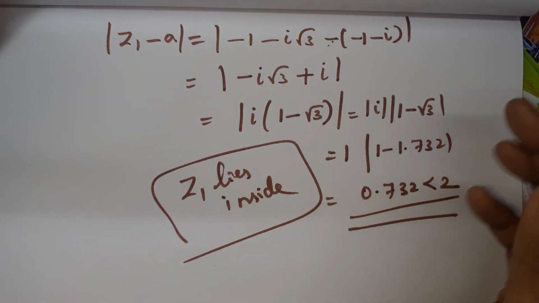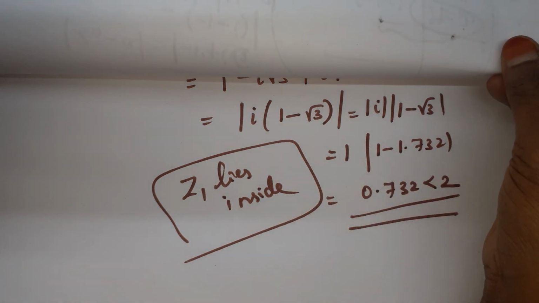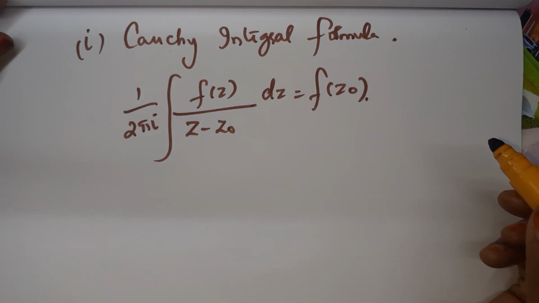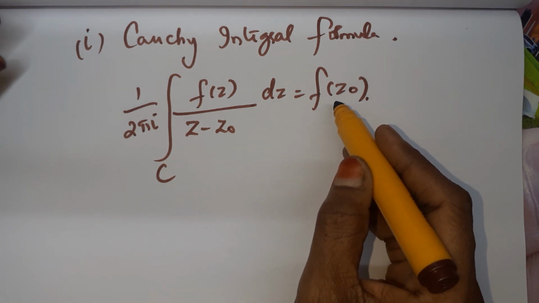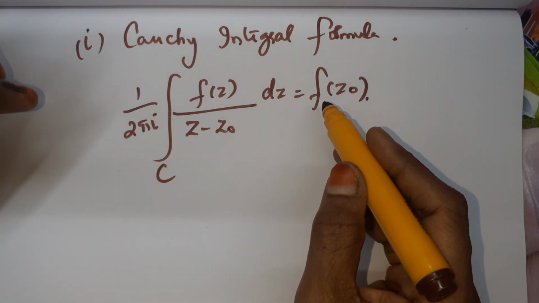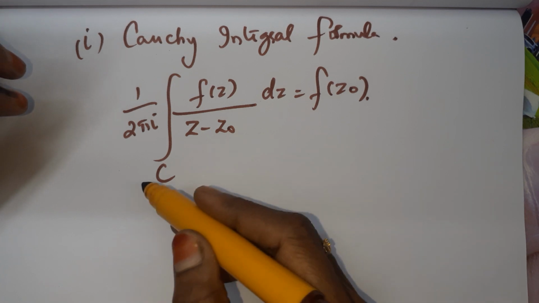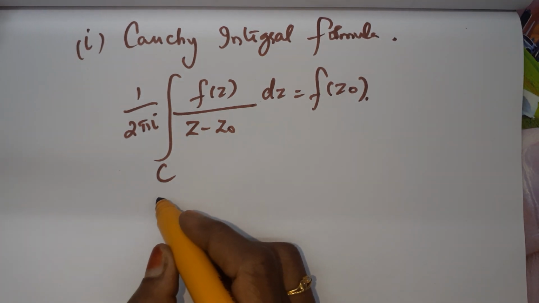Using the Cauchy residue theorem we have to find the integration. This is the Cauchy integral formula: 1 by 2 pi i integral over c of f of z by z minus z naught dz is equal to f of z naught. So first we are going to use the Cauchy integral formula, then we will use the Cauchy residue theorem.